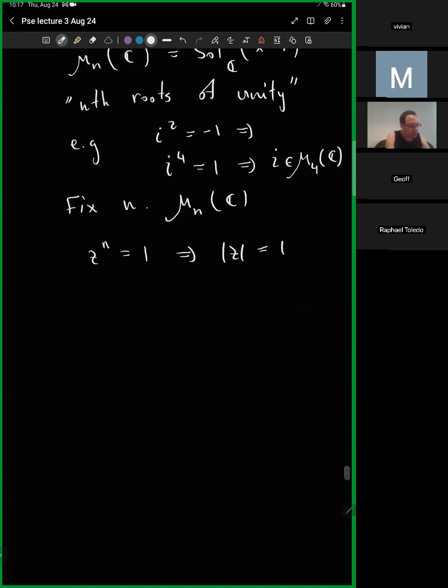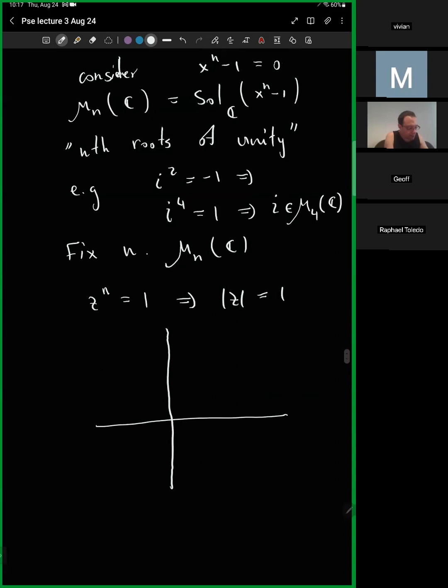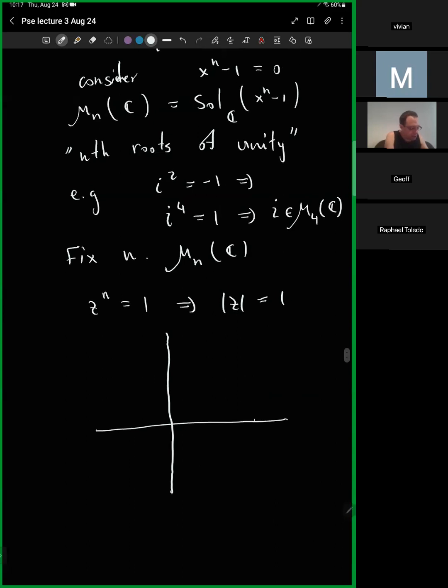And moreover, I can heuristically guess what the possible solutions to this equation are by the geometry of the unit circle. Of course, this is 1, and one is always going to be a solution to the equation x to the n minus 1 equal to 0, so it is always in mu n.